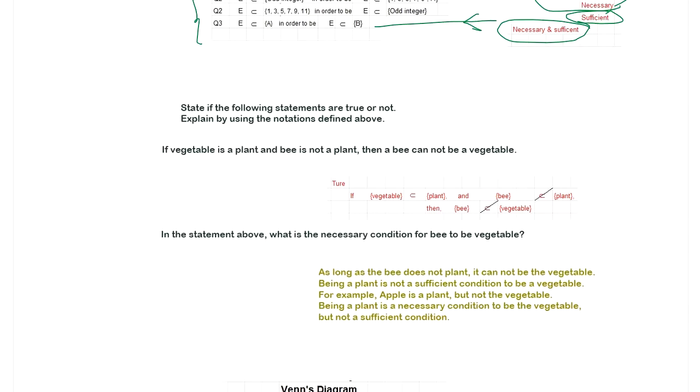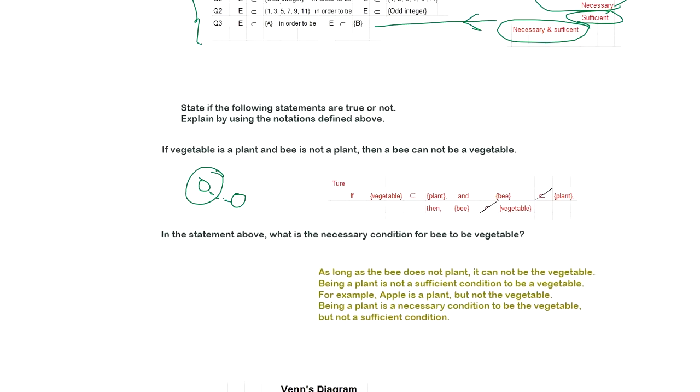If vegetable is a plant and B is not a plant, then B cannot be a vegetable. Yep. So this is an axiom, the second axiom, right? Vegetable is a plant, and B is not a plant, it's outside.